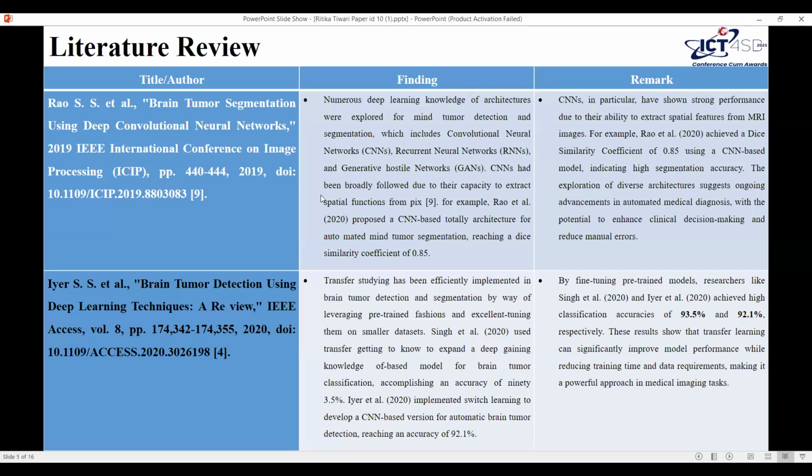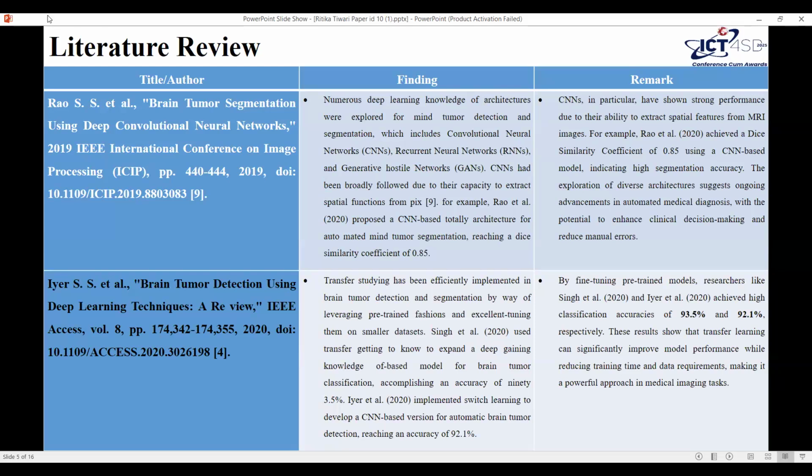These are some of the literature review papers which I have reviewed and have a remark on. First is brain tumor segmentation using convolutional neural networks. Here I have seen how CNN has been implemented and features of MRI images are extracted from it. Similarly, the coefficient value is 0.85 using the CNN based model, which indicates high segmentation accuracy.